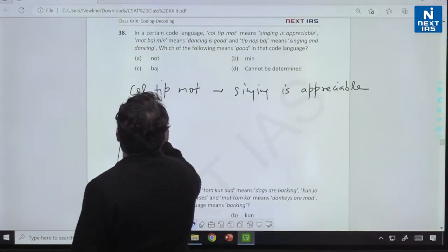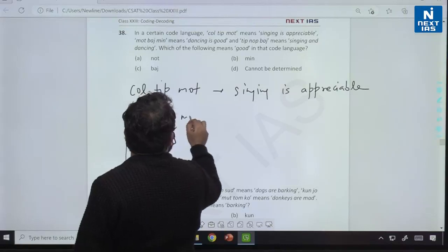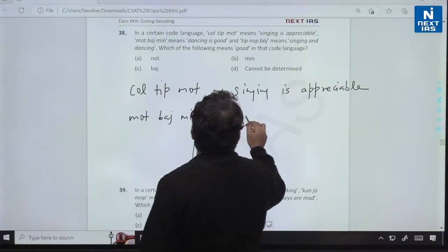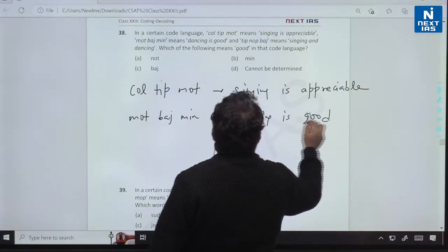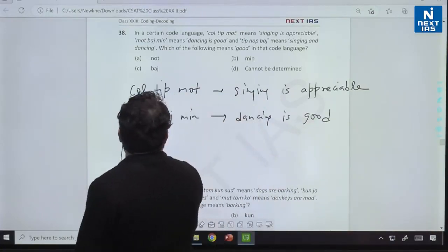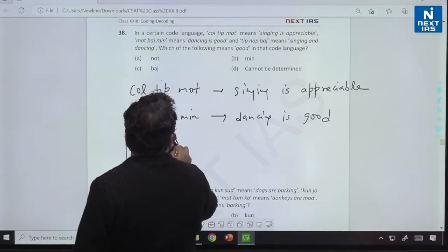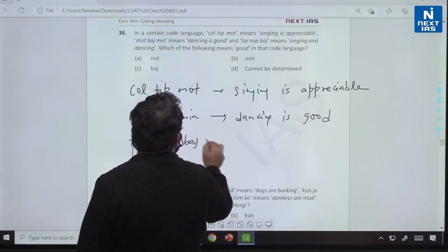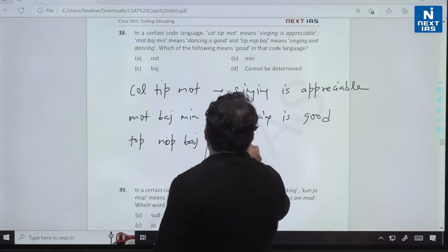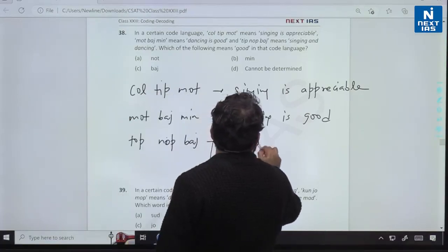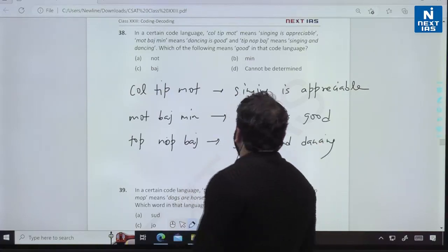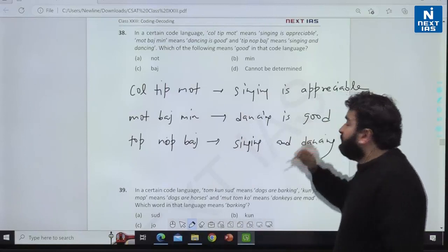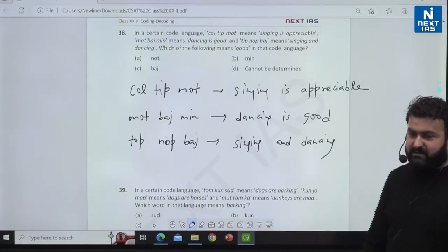Mot baz min means dancing is good. Top nop baz means singing and dancing. So now all of you, which of the following means good in that code language?